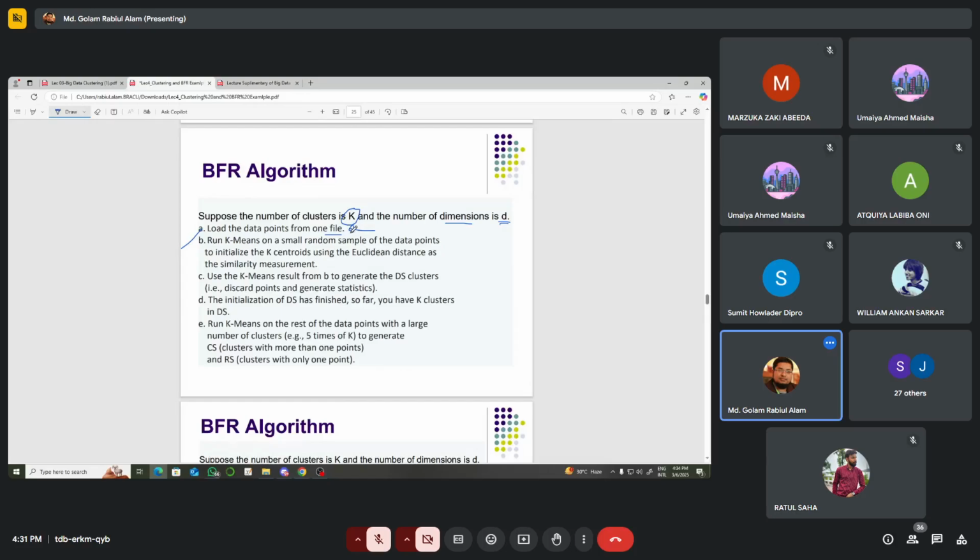And then it is mentioned to run k-means on a small random sample of data points to initialize k centroids, using the Euclidean distance as the similarity measurement metric.